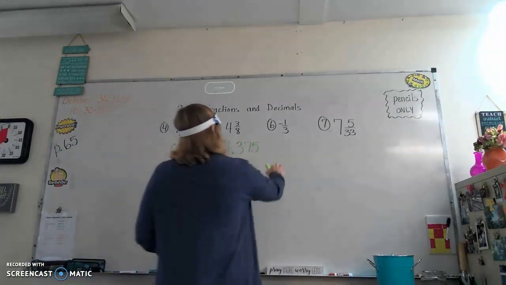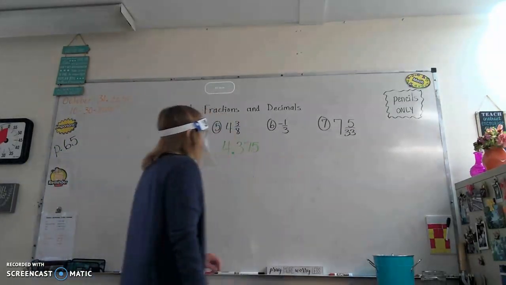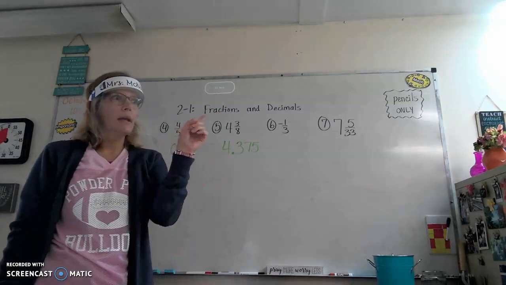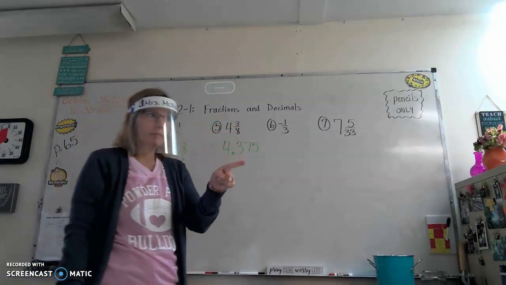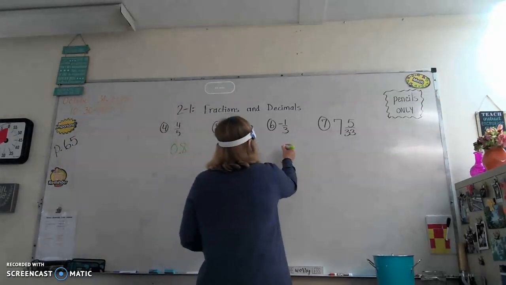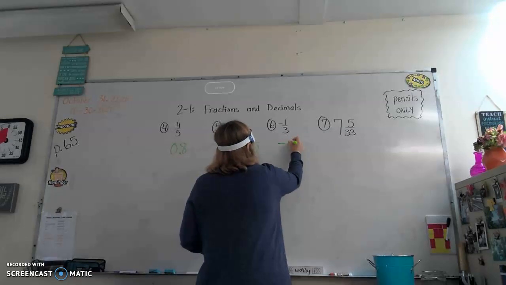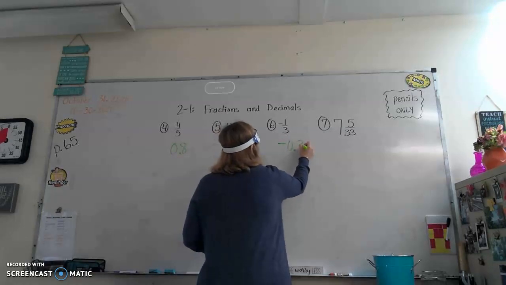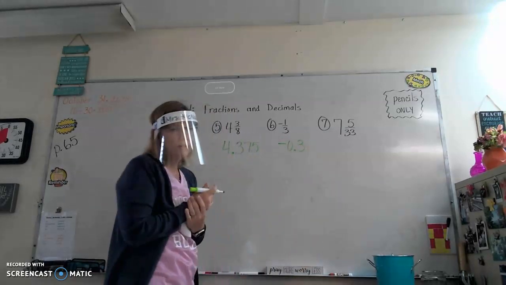And what would this one be? 1 divided by 3. Negative something. But you have to do 1 divided by 3 in your calculator. Negative 0.333333333. So if it's repeating, what can I do?